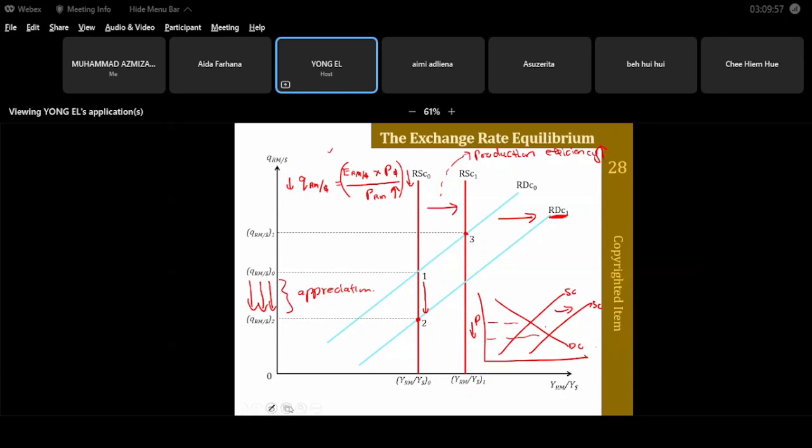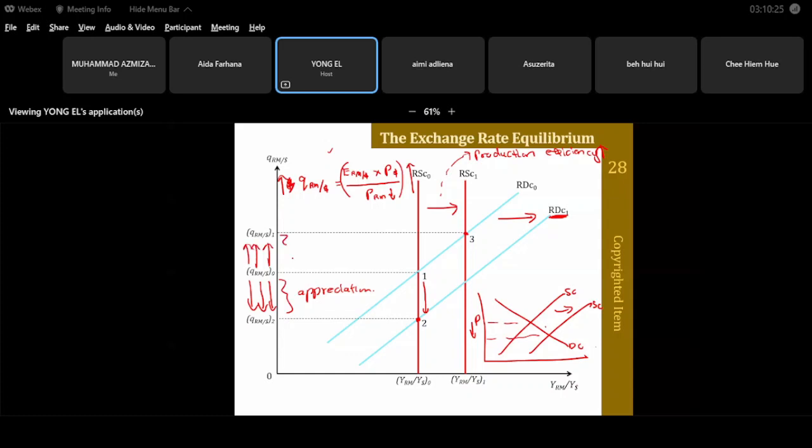What happened is the price decreases here, so the overall term here will become a bigger value. And the real exchange rate increases here.